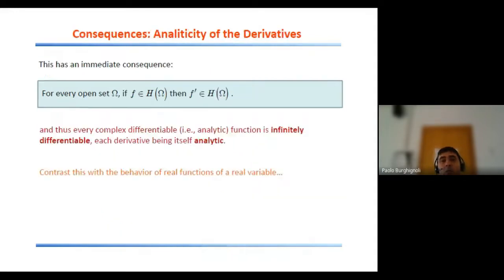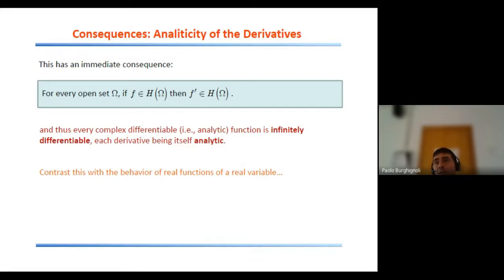Okay, so what we have discovered is that if a function is analytic, then it is representable by power series, and as a consequence, its first derivative is also analytic, and so also the second derivative, the third derivatives. In short, an analytic function is characterized by having all the derivatives, and all of them are analytic functions.